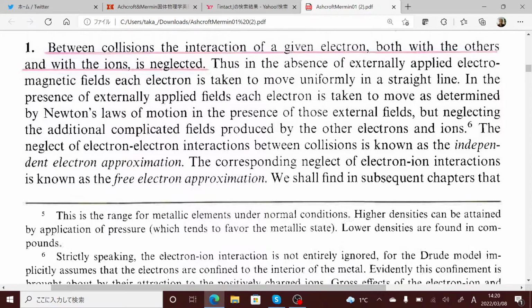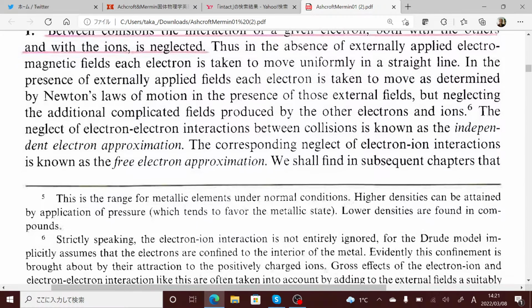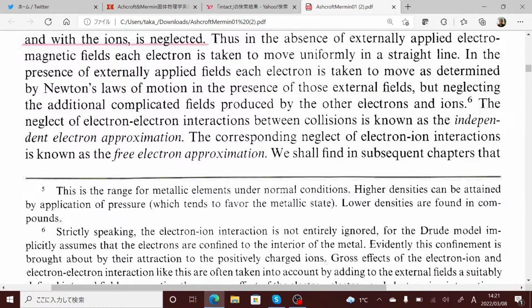The neglect of electron-electron interactions between collisions is known as the independent electron approximation.